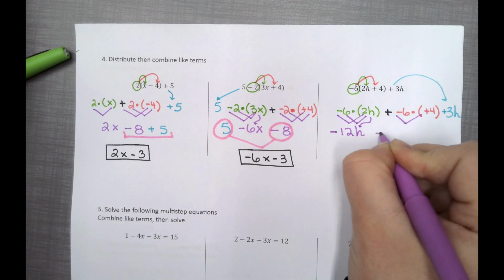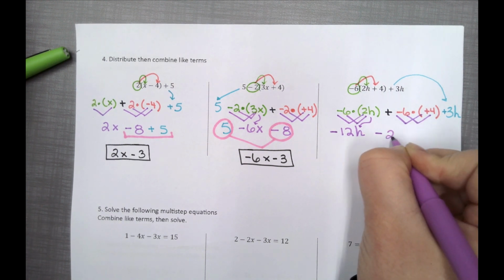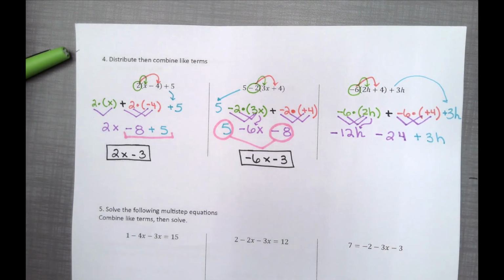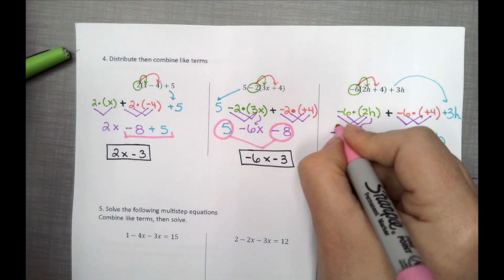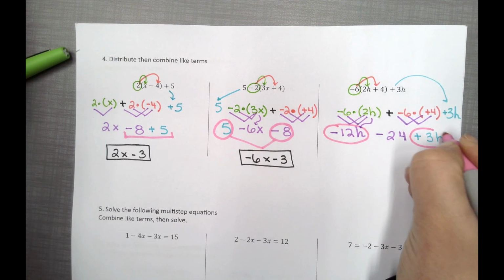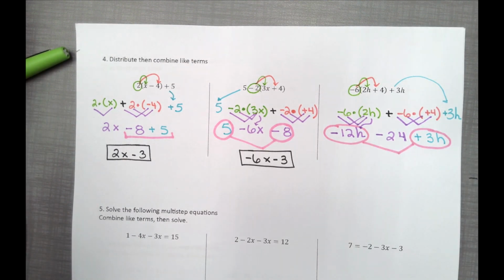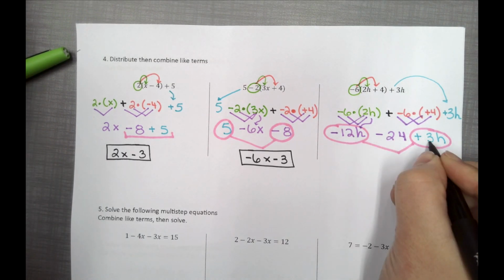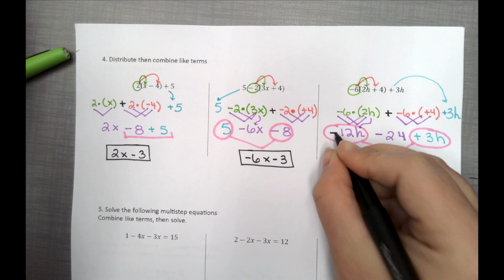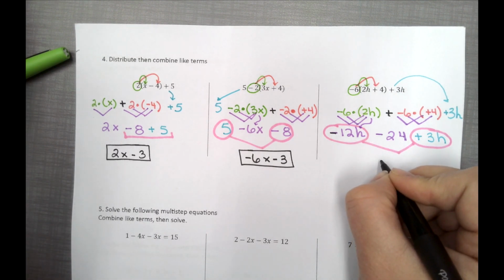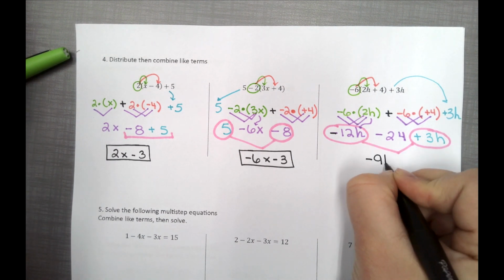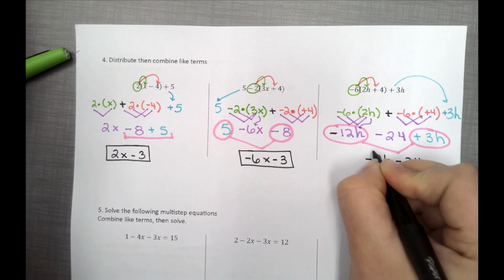Negative, positive gives me a negative. 6 times 4 is 24. Bring down that positive 3h. Again, we need to combine like terms. Notice that I have -12h's and +3h's that need to be combined. And the reason we are combining them is because both terms have the letter h, meaning they are like terms. So we get -12 and +3. We're counting. So 12, 11, 10, 9, we get -9h's minus 24.